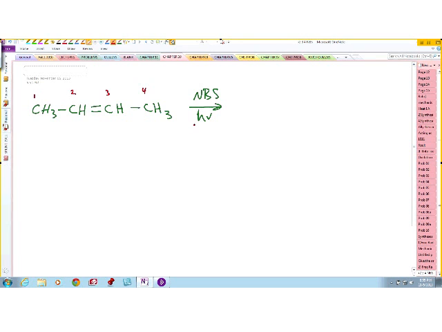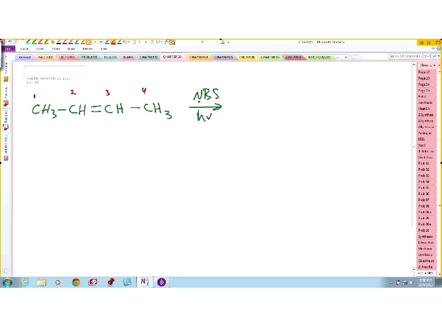It replaces an allylic hydrogen with bromine. Exactly. You guys have to be able to say this. If you don't say that, you will not be able to understand what is going on. When you say it, then you know what is happening. You need to say it in your own words.